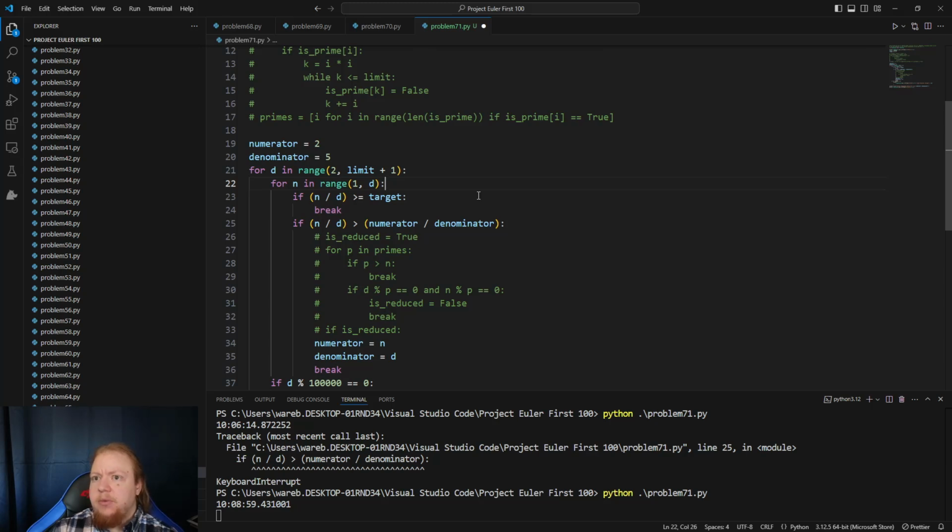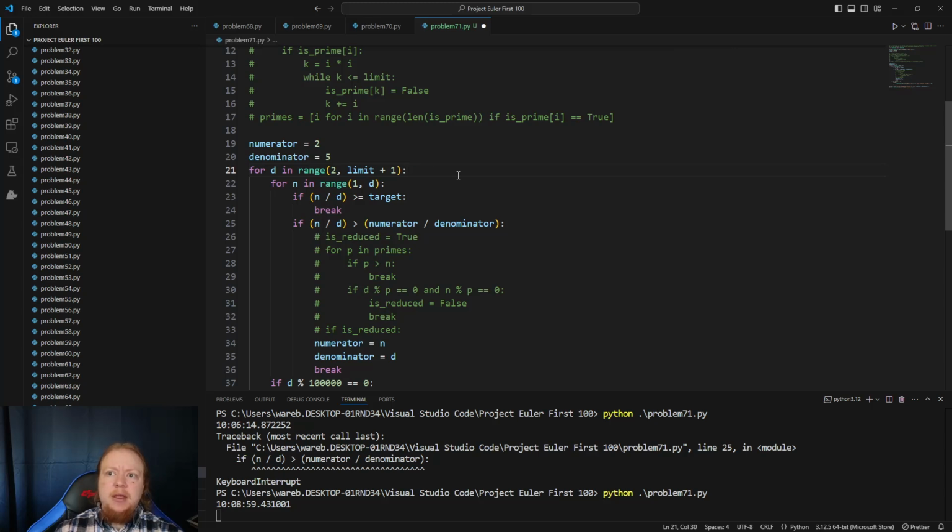So what is a better way to calculate the starting point for n? And I think it would be, so 2 over 5 is 0.4. 2 over 5 is 0.4.